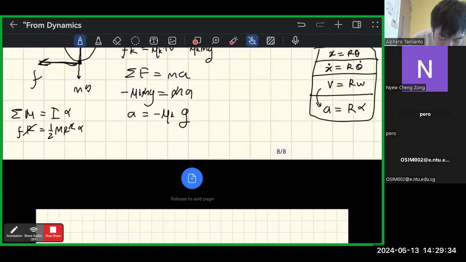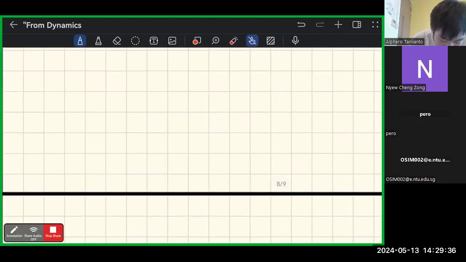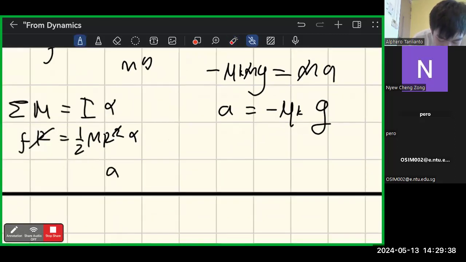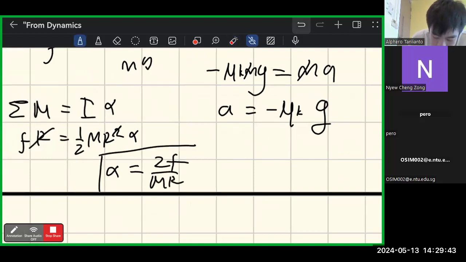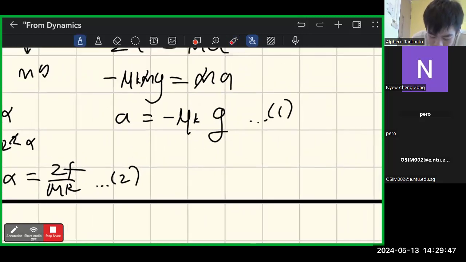So we'll have alpha equals 2F over mR. Okay, I'll say that this is the second equation and this is the first equation.